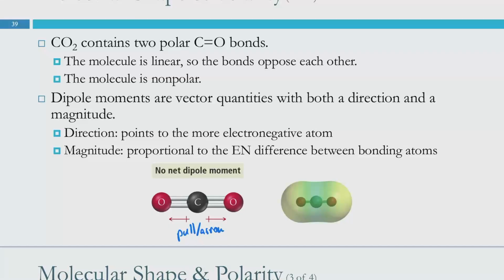So the pull arrows cancel out. So in a CO2 molecule, because the directions are opposite, they both point towards the more electronegative atoms. They're pointing in completely opposite directions, and their magnitudes are the same, so it cancels out.